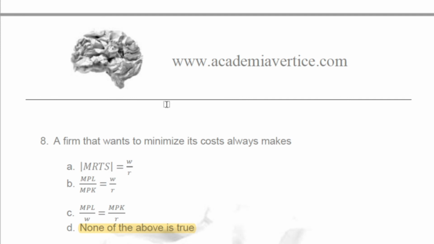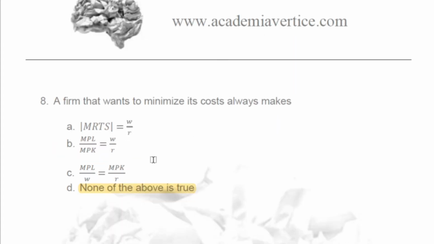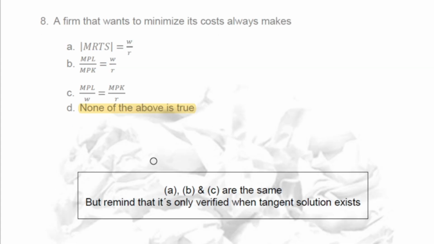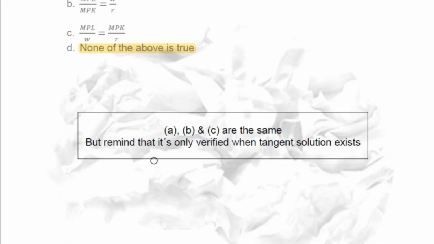As in the 7th exercise, we couldn't calculate the MRTS for the fixed proportions production function, or in some other cases the optimal point doesn't verify this. As we said in unit 1, maybe quasi-linear or something. So be careful with this question number 8.